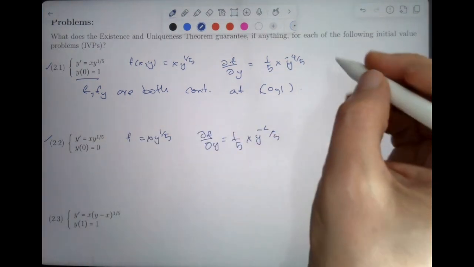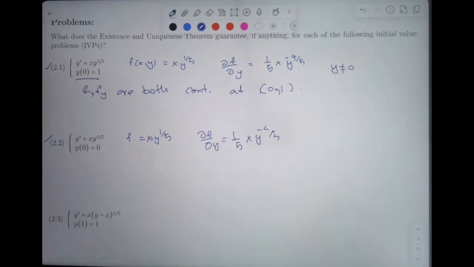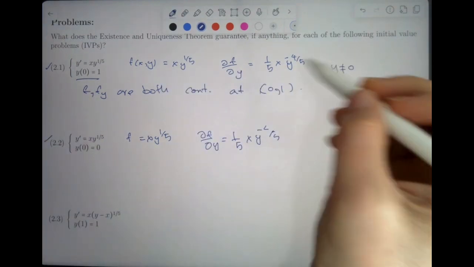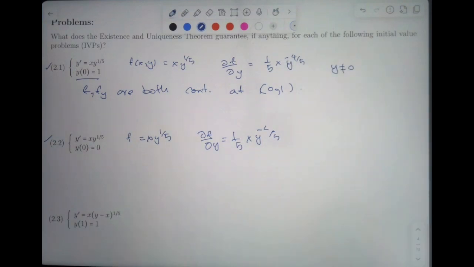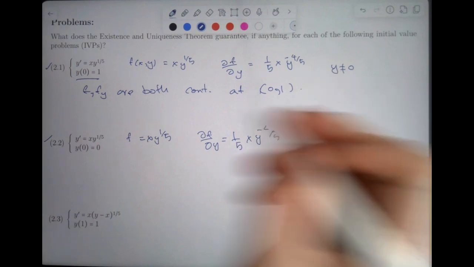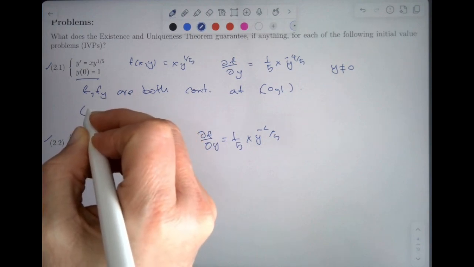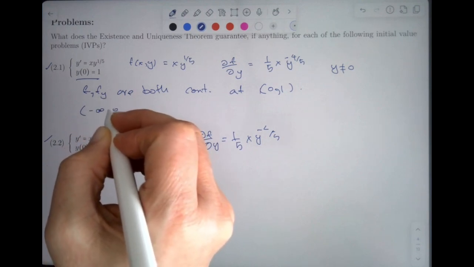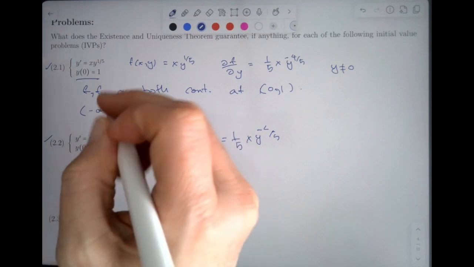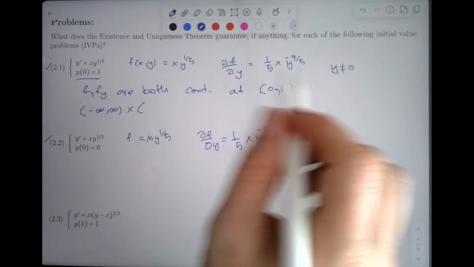Honestly, if I stay away from y equal to 0, I should be fine, right? Because everywhere else, the two functions are defined and therefore continuous. Elementary functions again. So for a neighborhood, for x it doesn't matter, so R, and let's exclude 0.